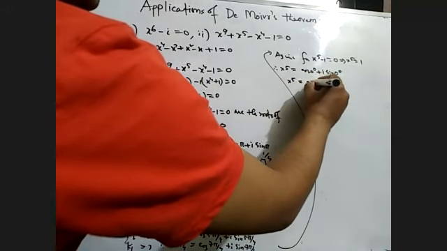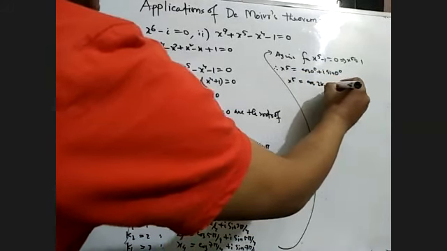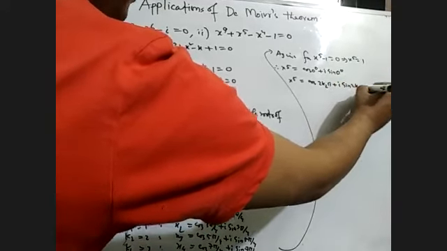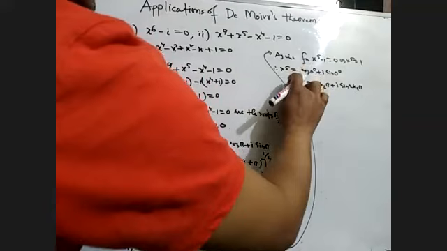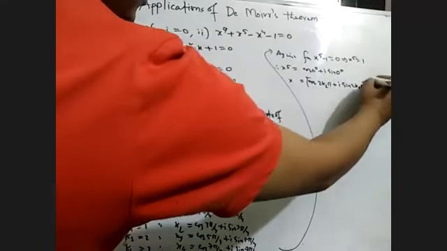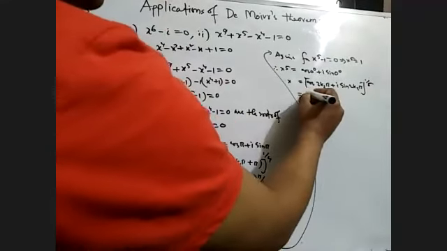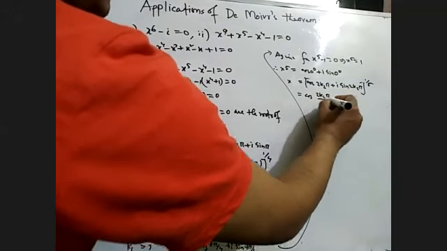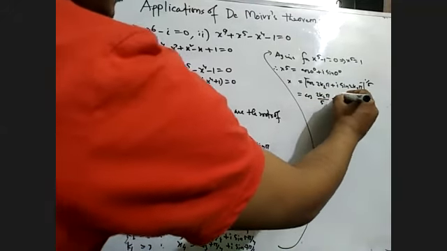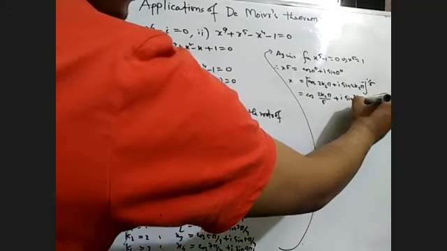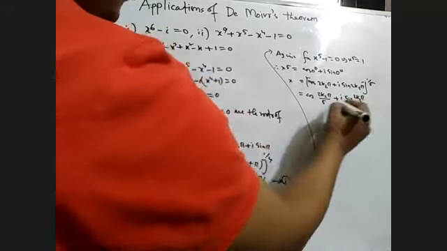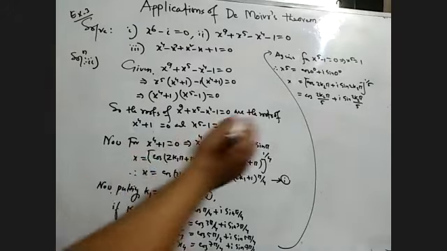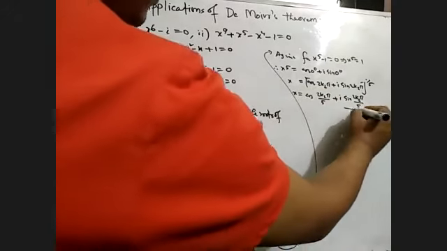So cos twice k2 pi plus i sin twice k2 pi, and taking the fifth root on both sides, cos twice k2 pi by 5 plus i sin twice k2 pi by 5. Similarly, this is equation number 2.